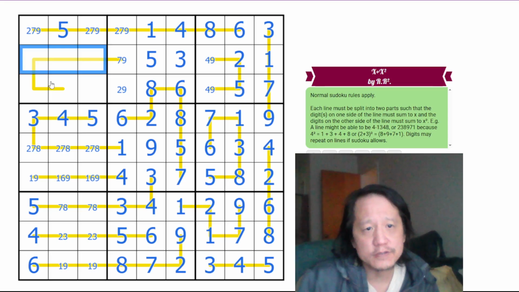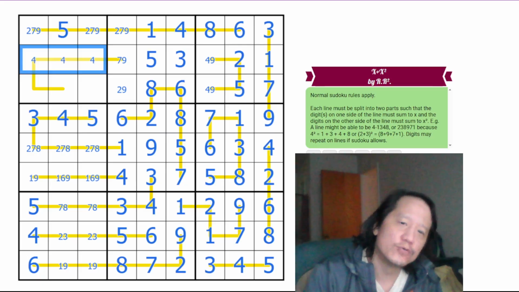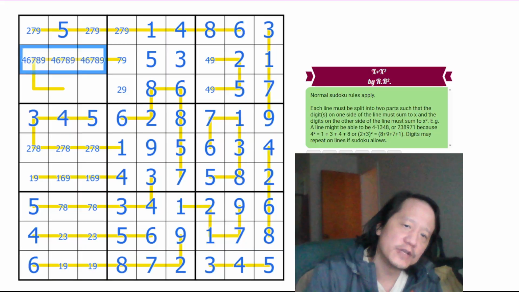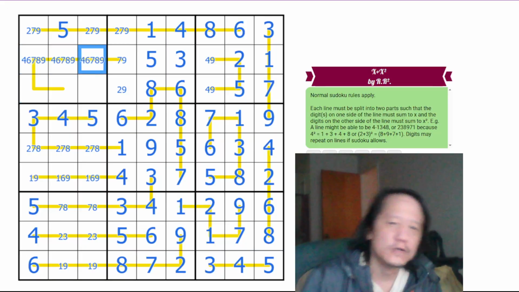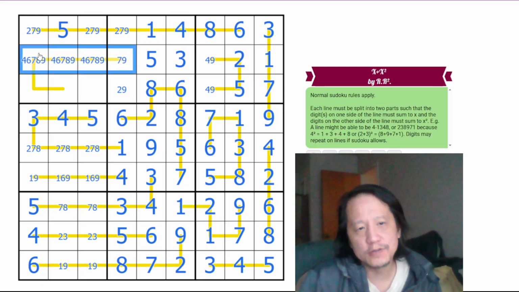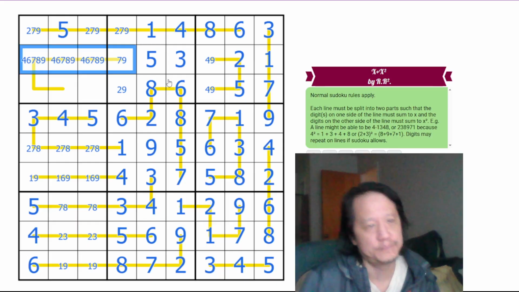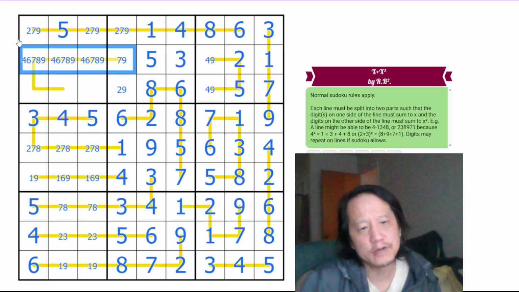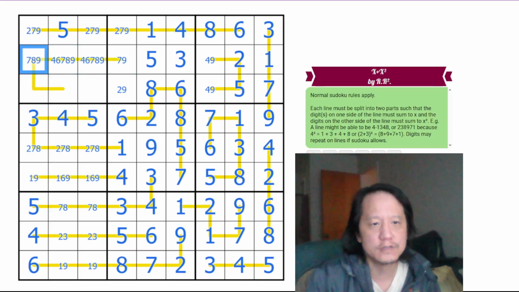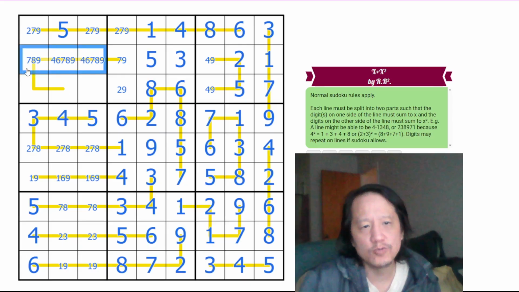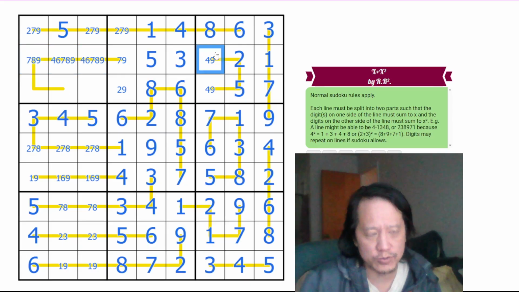Okay, what are these digits? Remaining digits in row 2, we have 4, 6, 7, 8, 9. So we're guaranteed on this line to have 7, 6, and 8, which adds up to 21. 21, okay, this can't be 4, 6. 21 plus 4 at least is 25.